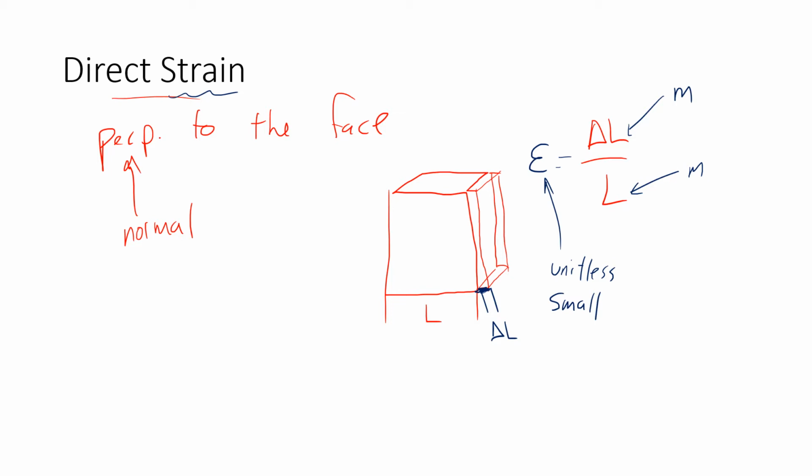So this is going to be small. Typically, you're going to see a lot of decimal places. What they're going to use a lot of is they're going to use the micro units for this. So you'll see something like, I don't know, 28 micro. Now, since there's no unit for this kind of stuff, they just put the Greek letter. So this would be a measurement of strain.